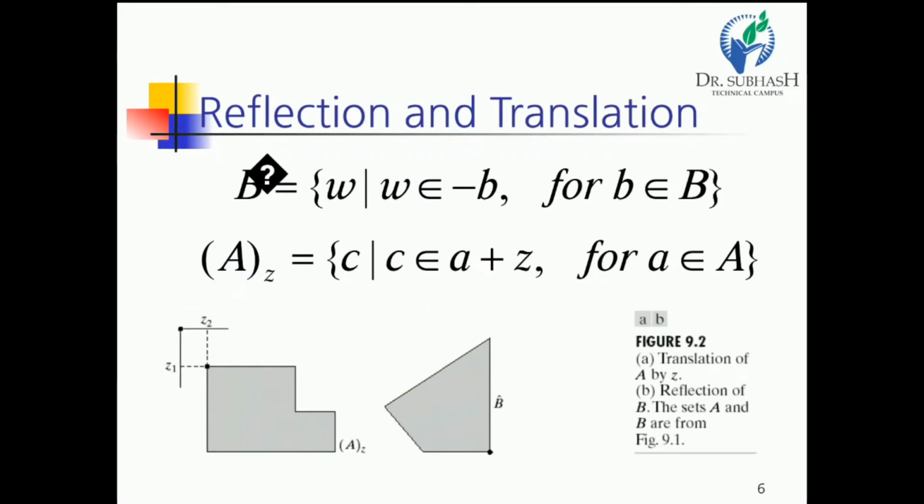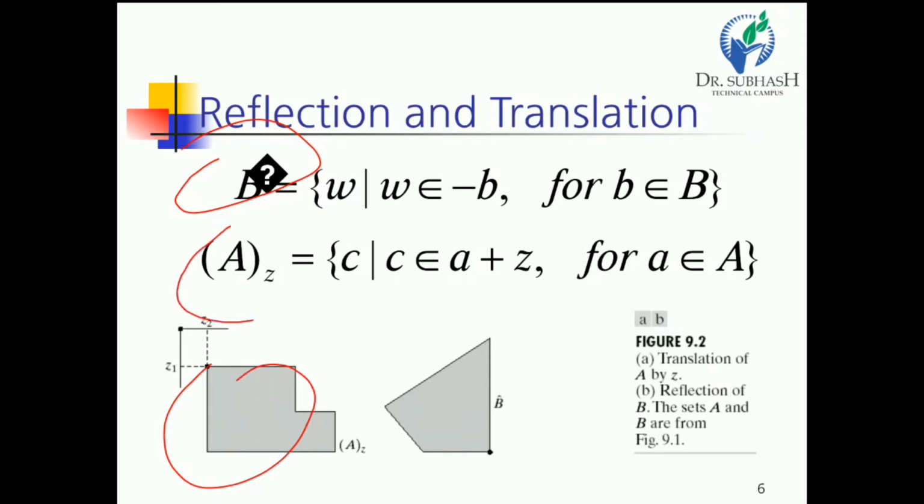Now the next one is reflection and translation. The reflection can be represented by this function: reflection of B is the set of w such that w equals minus b, for b belonging to capital B. Figure A shows the translation of A by Z, right?